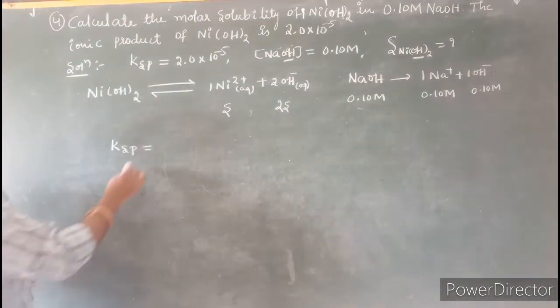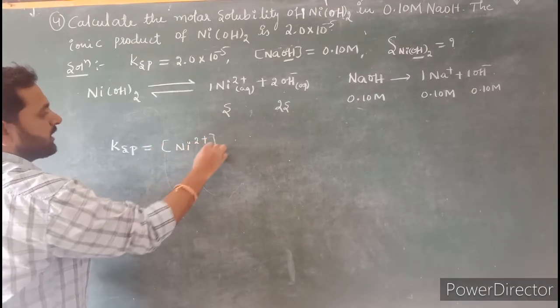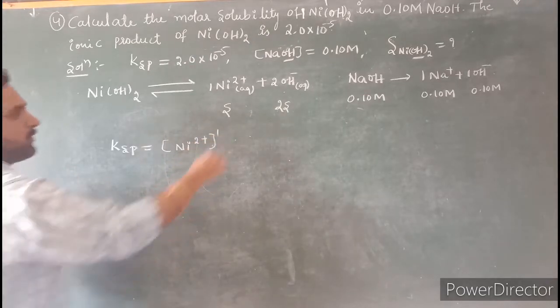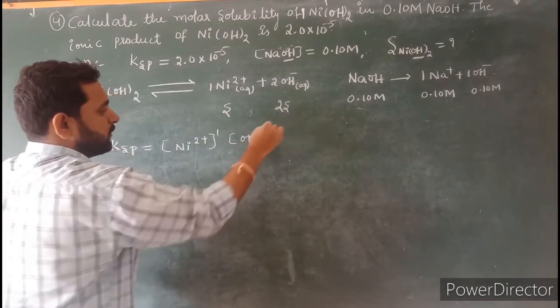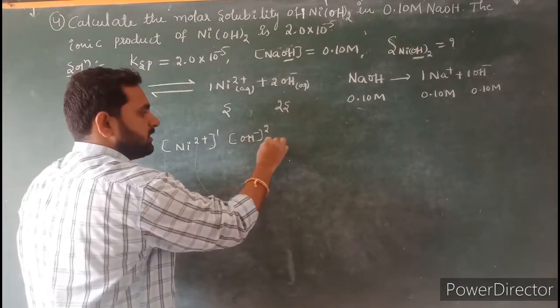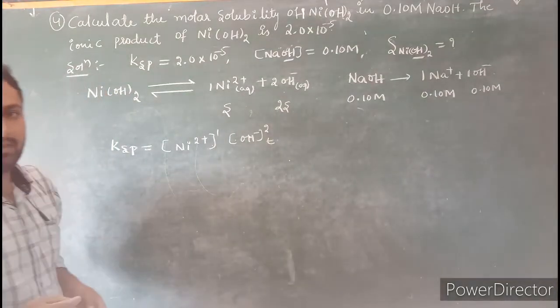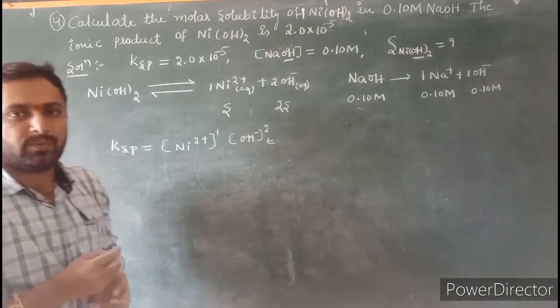Now let us write the molar concentration of Ni2+ ions. Its stoichiometric coefficient is 1. The molar concentration of OH- ions, its stoichiometric coefficient is 2. In this case, we have to calculate the total molar concentration of OH- ions, because both the weak and strong electrolytes produce OH- ions in aqueous solution.